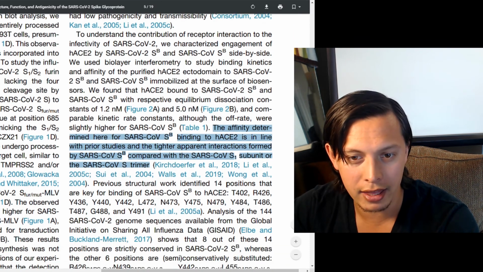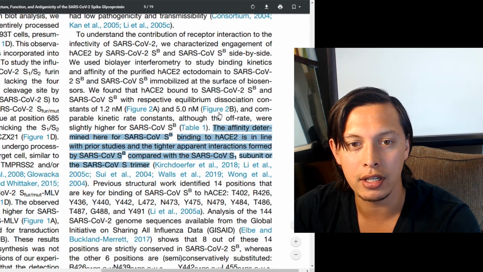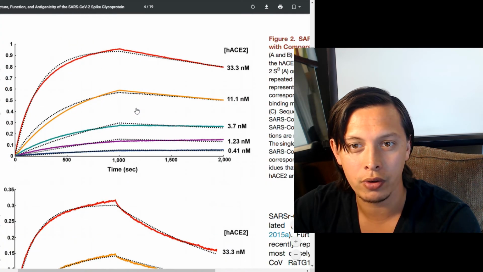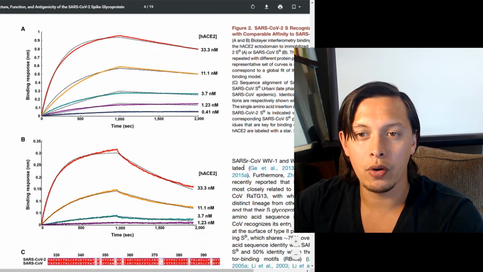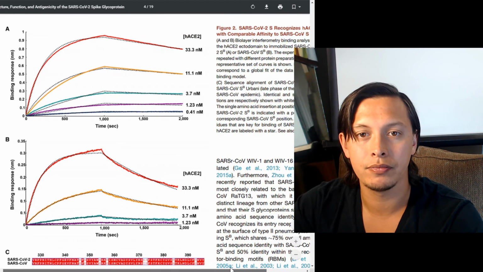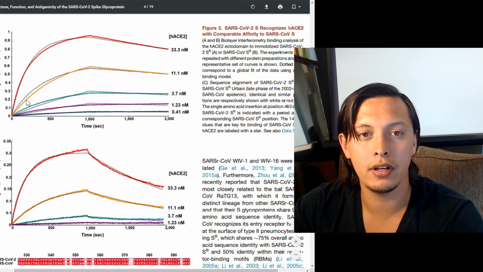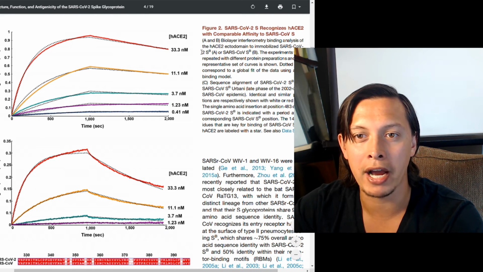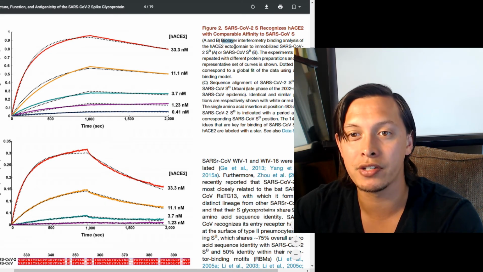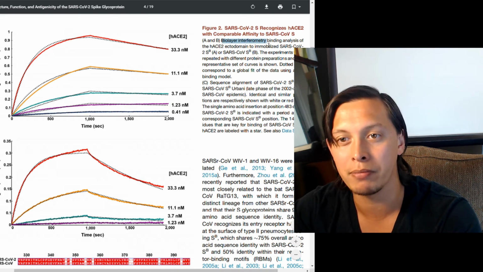So I think I'll go to the figure to show this result. So here we have the graphs of our biolayer interferometry binding analysis.